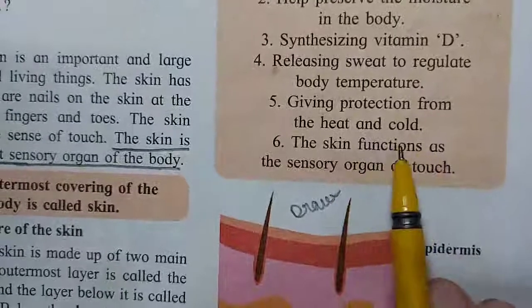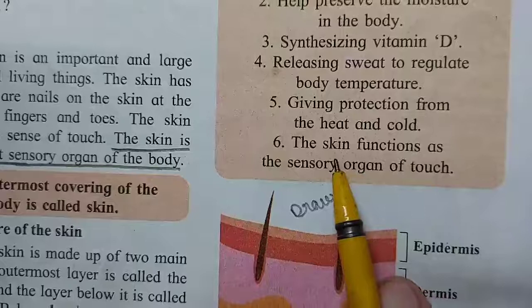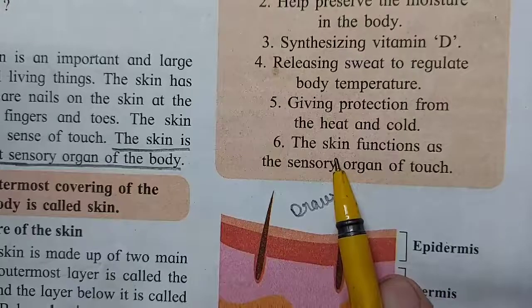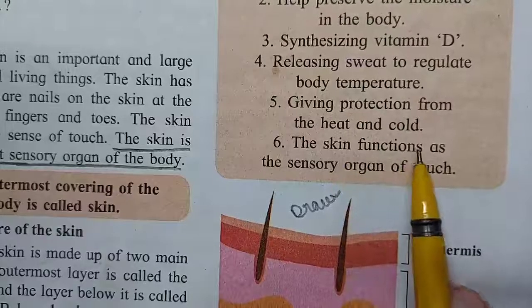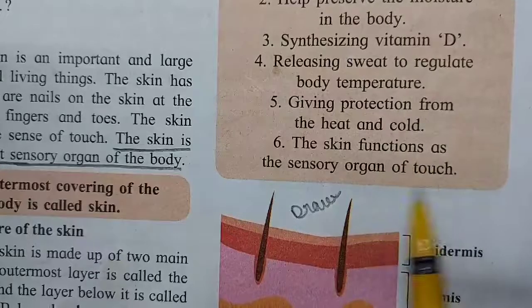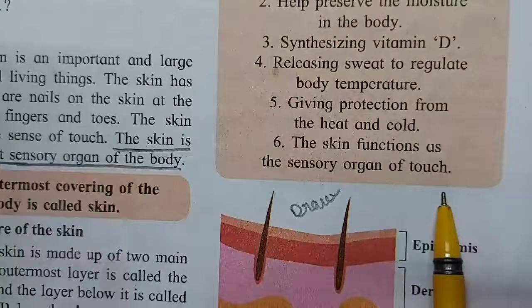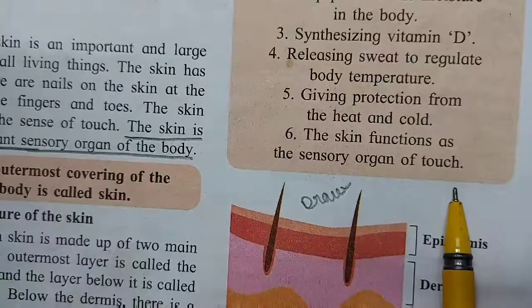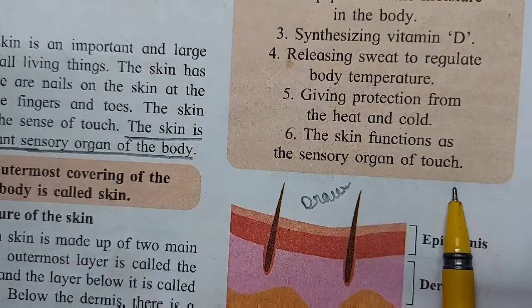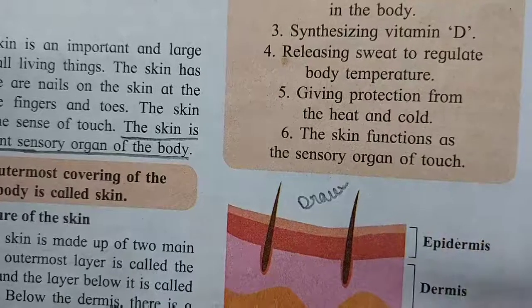Giving protection from heat and cold: the skin protects from heat and cold. The skin functions as the sensory organ of our touch. It tells us whether the things are hard, smooth, rough, soft. So these things are the functions of the skin.